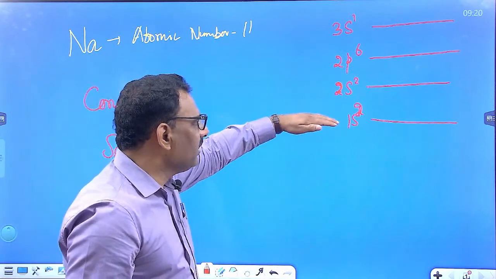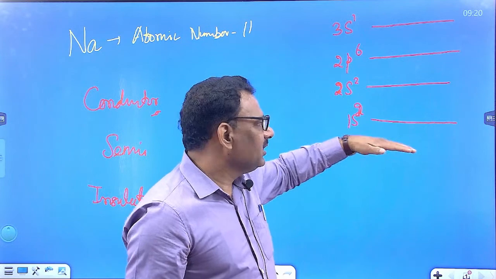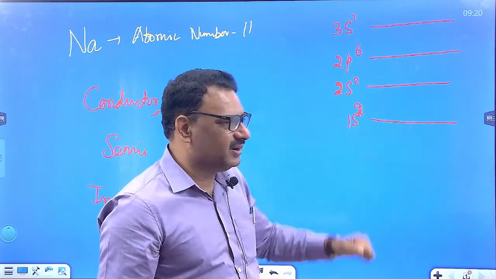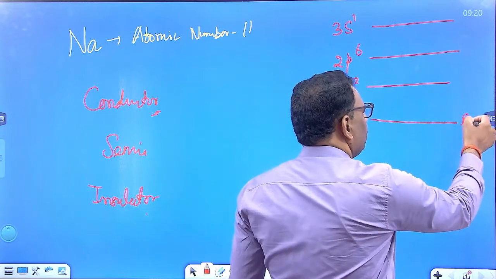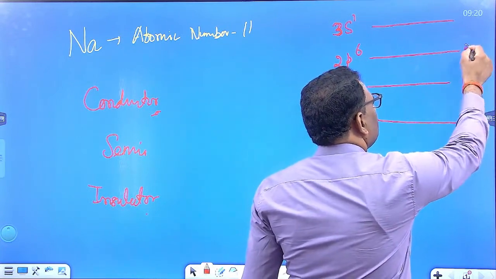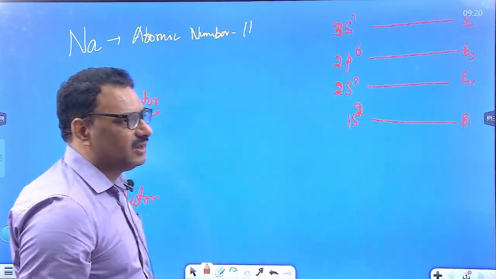So for particular orbits we have particular energy levels. You can say they are very sharply defined levels. So this is E1, E2, E3 and E4. They are very sharply defined.